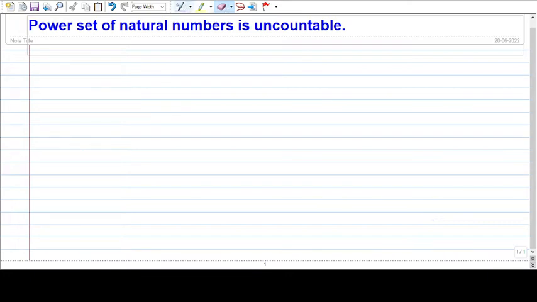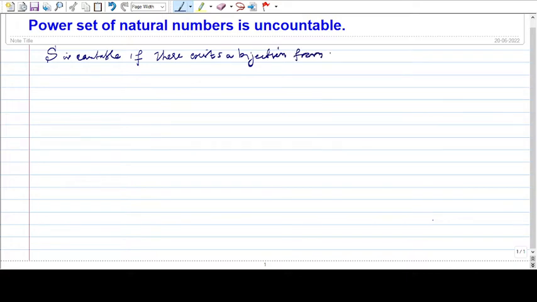So we say that a set S is countable if there exists a bijection from N to S or S to N. So if there is a bijection from S to N, natural numbers, then only we can say that S is countable.